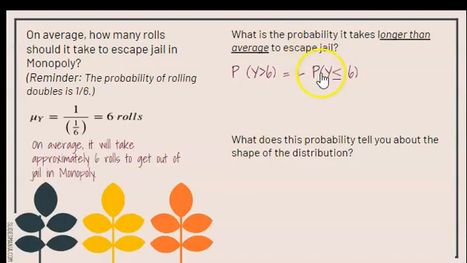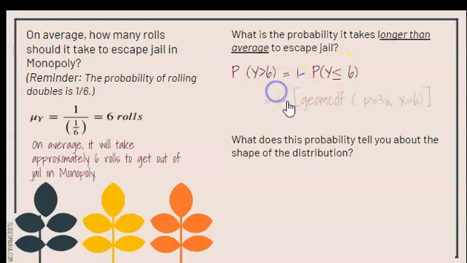This probability, remember it's cumulative, I can find with my calculator. If I find this probability right here and subtract from 1, that's going to give me the probability that's greater than 6. Now, this is an or equals to, so this includes 6. I don't want to include 6 here, but I do want to include it here. So pay attention and think through it slowly if you need to.